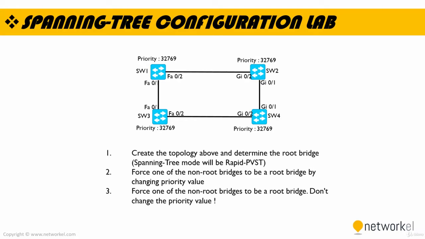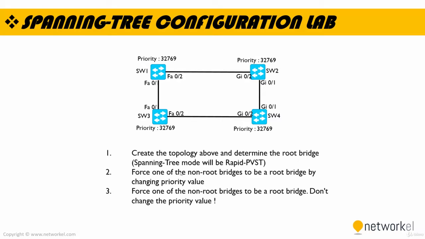We have a topology. We have 4 switches connected to each other. In the first step, we need to create the topology above and determine the root bridge. The question says that the spanning tree mode will be rapid PVST.